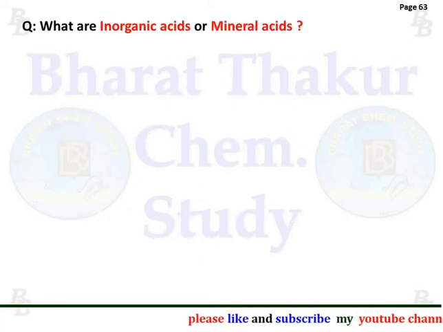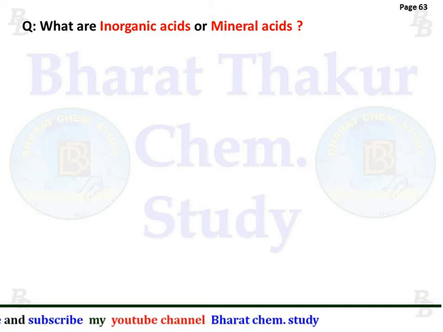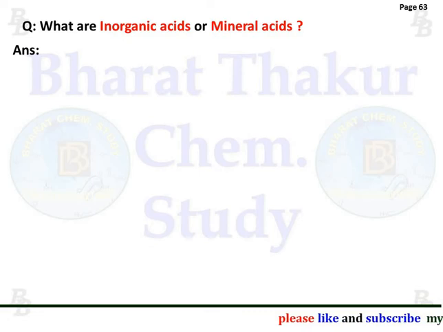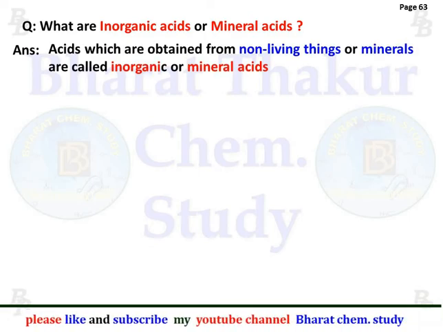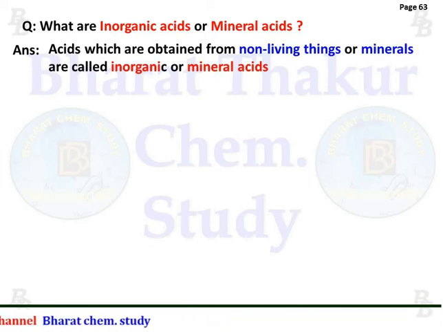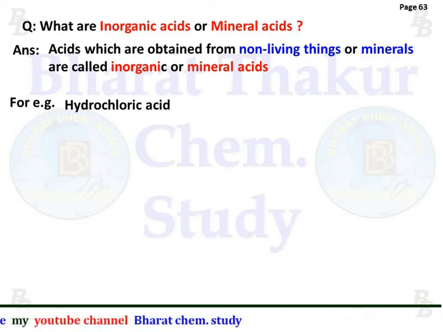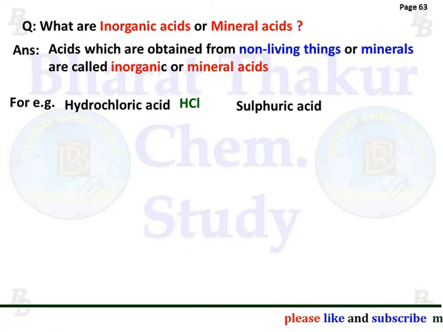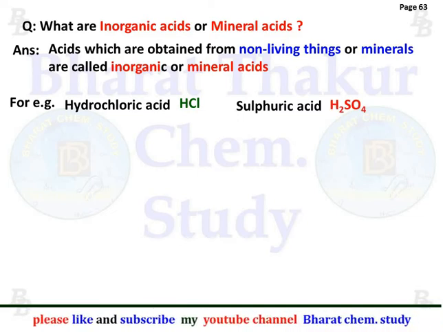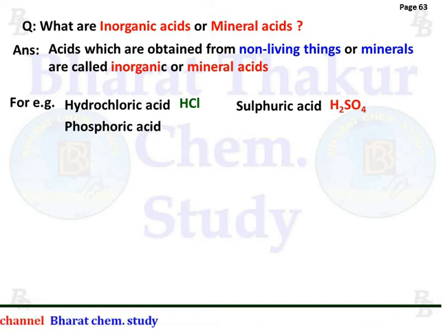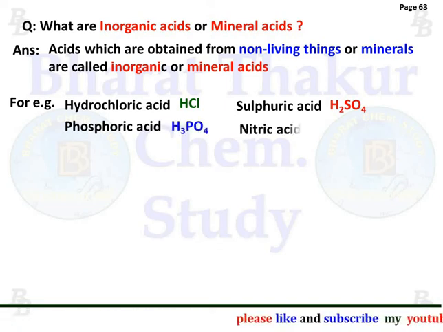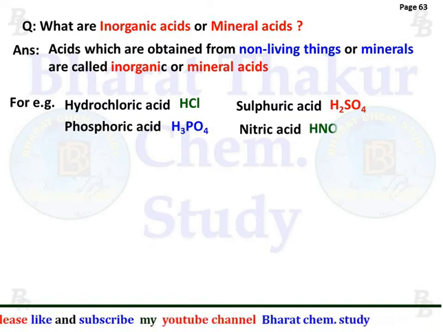Now inorganic acids. So the question is, what are inorganic acids? They are also called mineral acids. The answer is that acids which are obtained from non-living things or from minerals are called inorganic acids or mineral acids. For example, hydrochloric acid, having the formula HCl; sulfuric acid, H2SO4; phosphoric acid, H3PO4; nitric acid, having the formula HNO3.